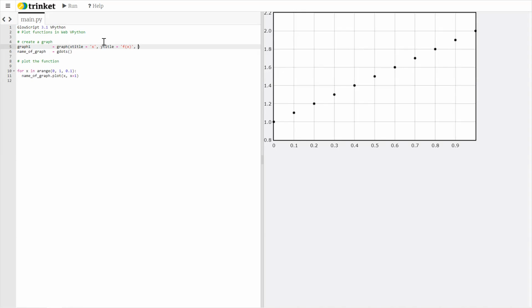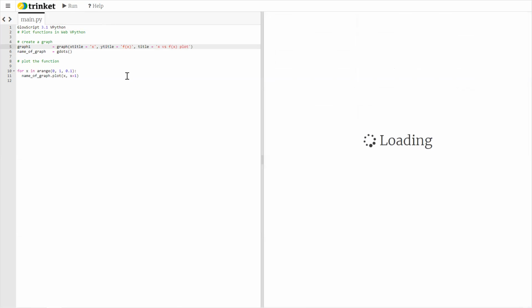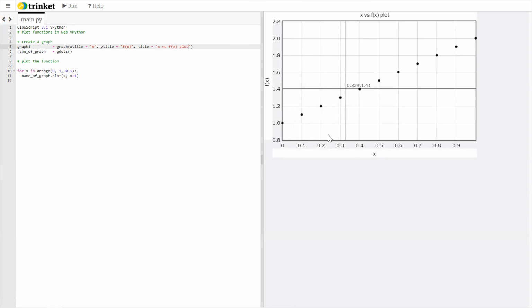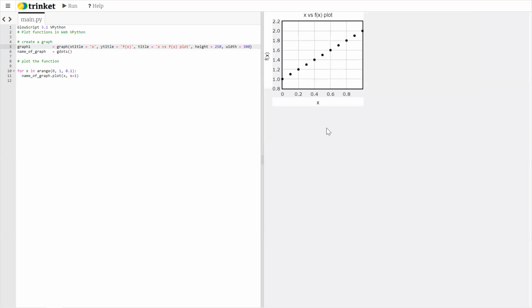And then you can also add the title of the plot. Let's say X versus f of X plot. You can also change the size or change the height of the plot. Let's say 250, make it smaller, and width is 300. Okay.